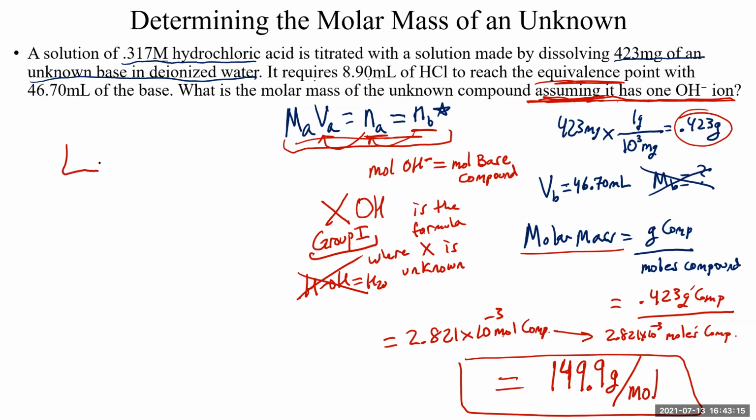Well, what else is in group 1? We have lithium, sodium, potassium. Here's the thing though: we only have 1 hydroxide and 1 metal, and that has to be the formula.